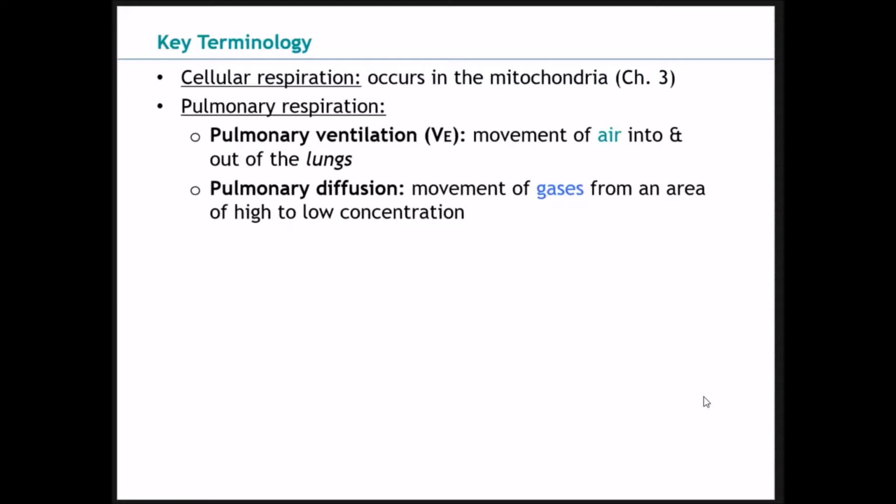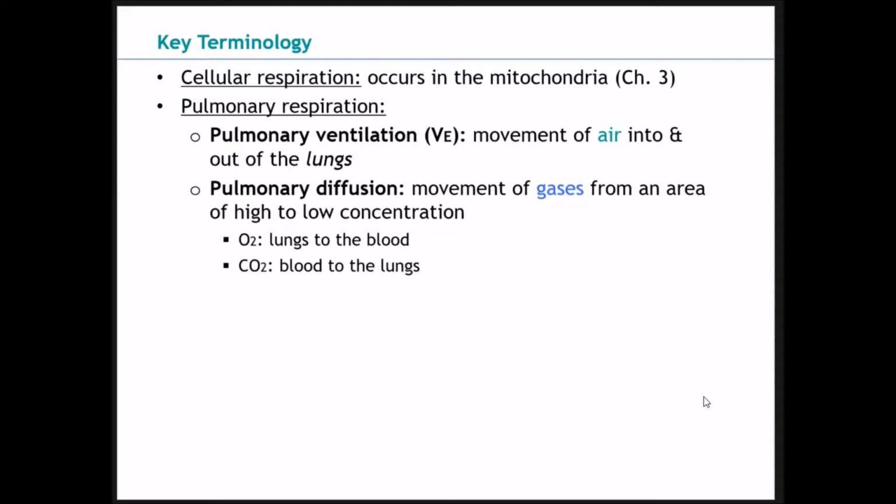With pulmonary diffusion, we have 2 different directions in which these gases will move. So oxygen will move from the lungs to the blood. We're specifically talking about the oxygen that gets into structures called alveoli in our lungs. And then that oxygen is going to diffuse into the blood in the capillaries surrounding those alveoli.